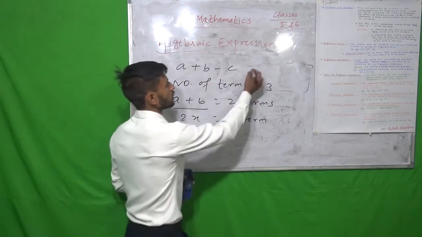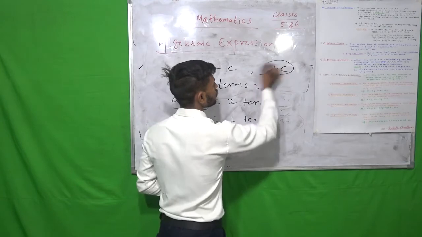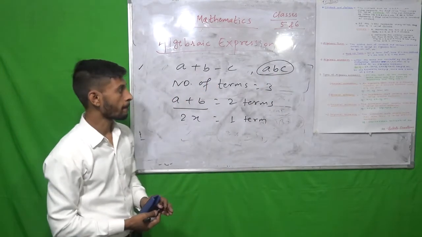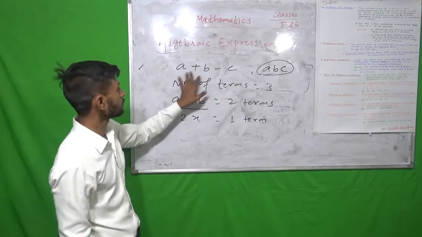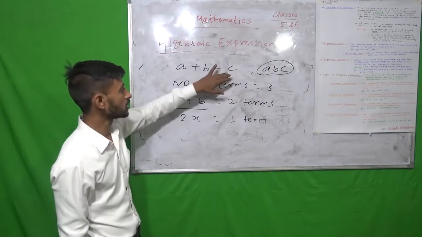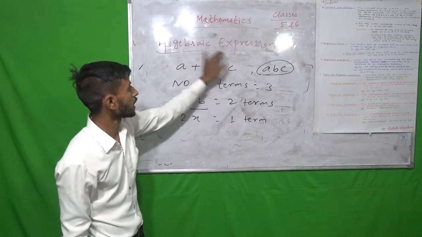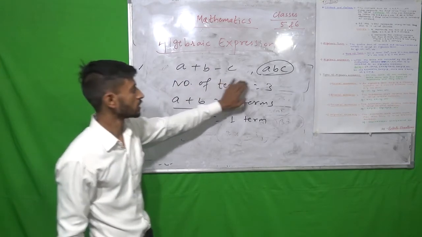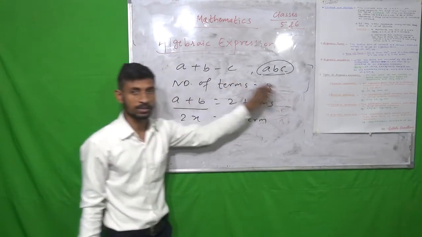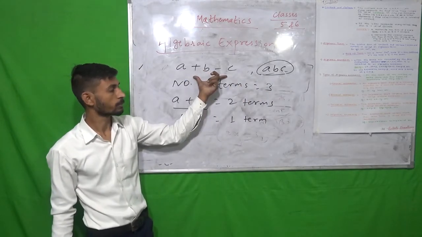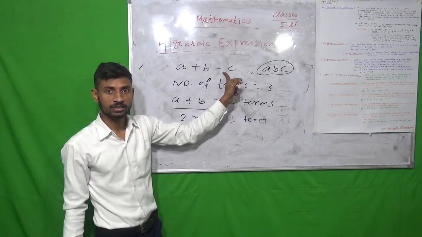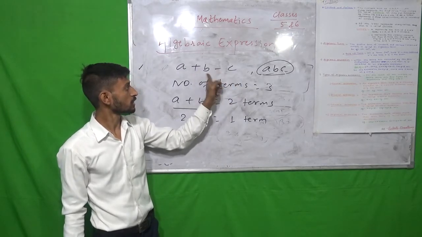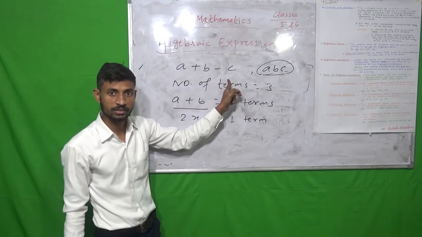If we write this a, b, c, then this is only one term. But if a plus b minus c, then this expression has three terms. This time it has only one term, but this time it has three terms. So the terms are separated by plus and minus sign.